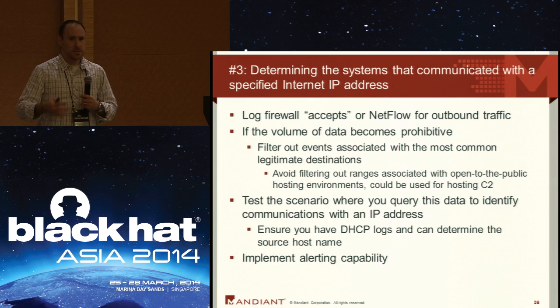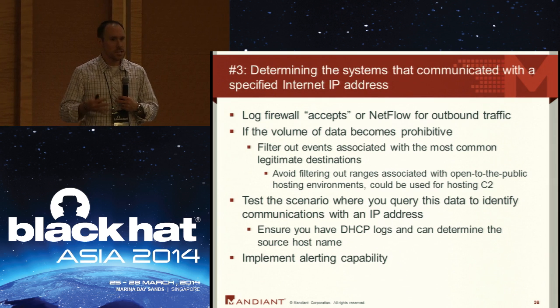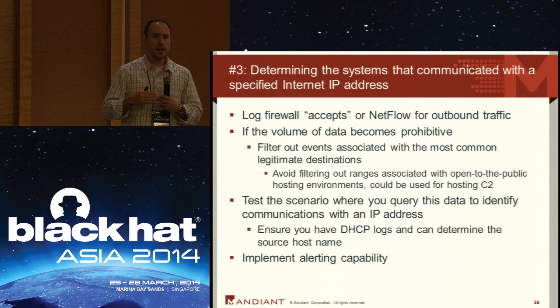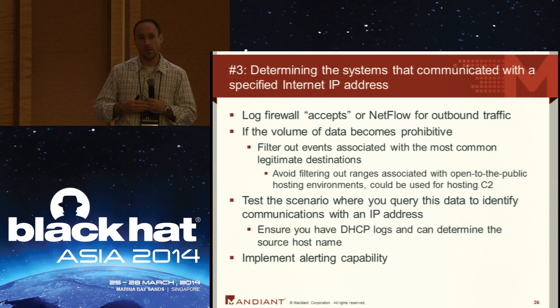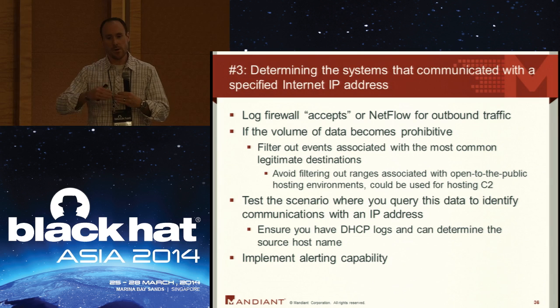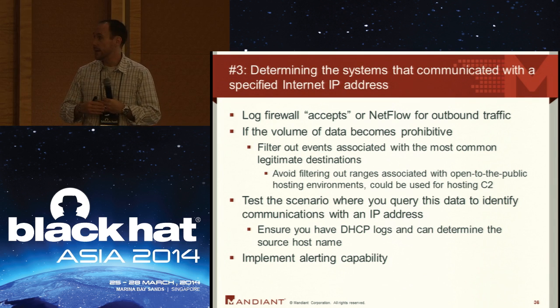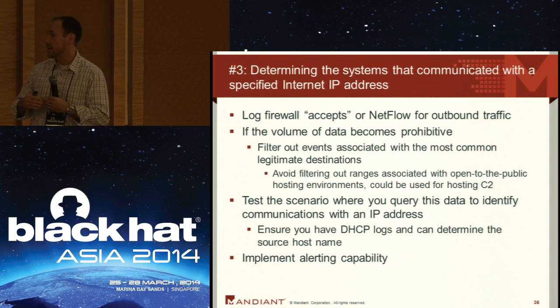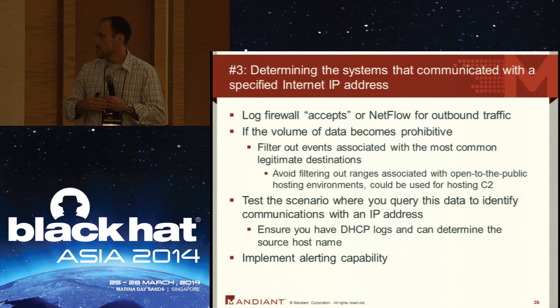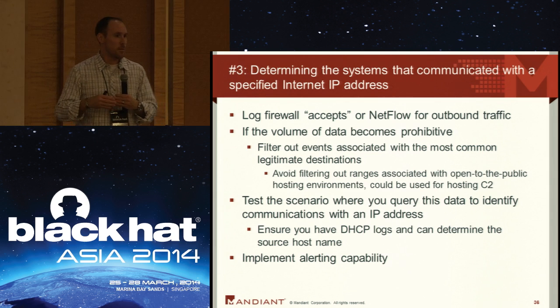So for this, I mentioned NetFlow. Most organizations that I work with at least have logging for firewall. The border firewall is logging successful packets going out of the network. That's very helpful. I would keep as much of that as you can. If storage becomes an issue, you can start applying some filters.